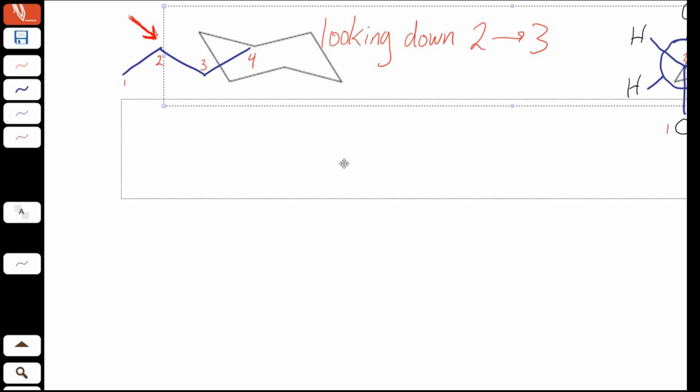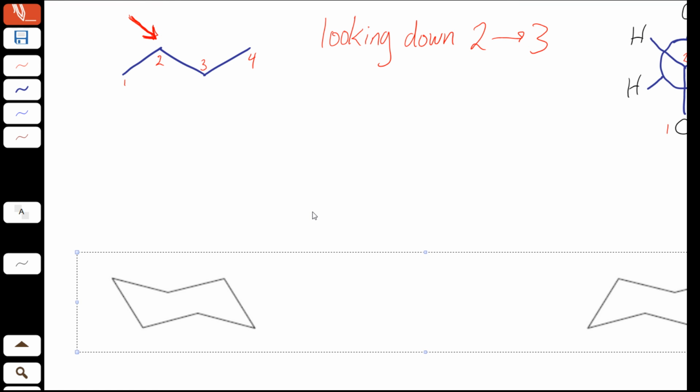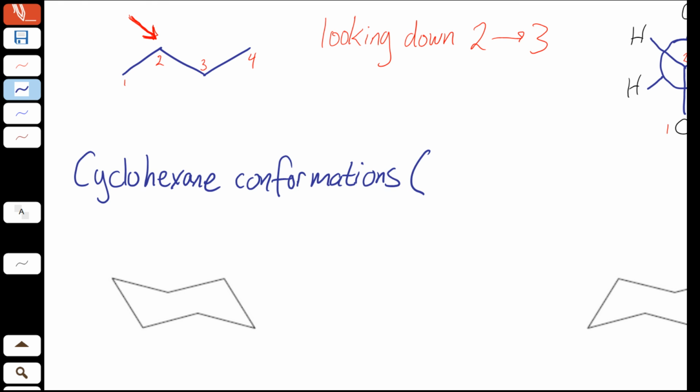So here are the conformations from the book. These are often called chair conformations because they look like a sideways recliner with the feet up or something.